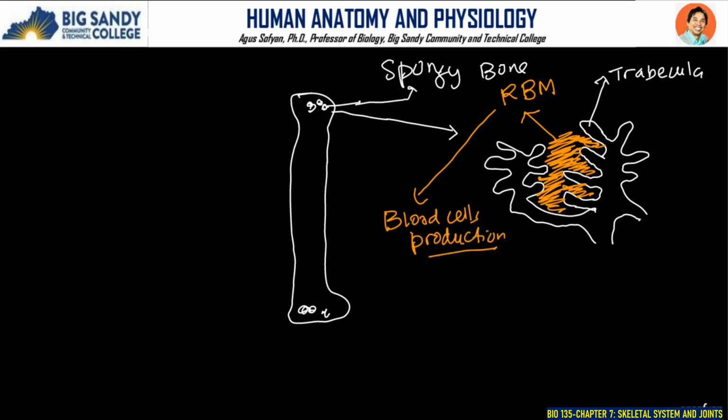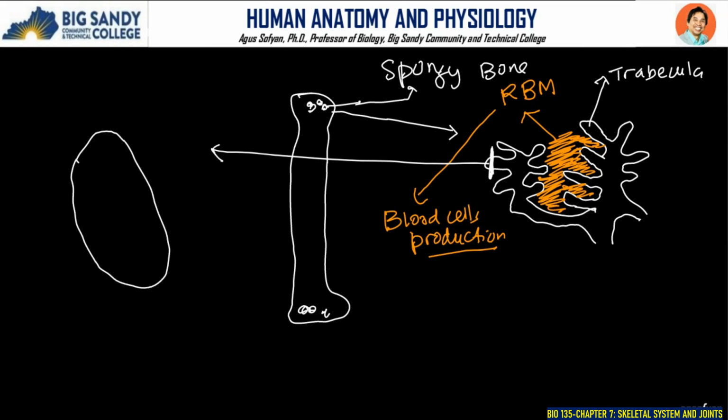So blood cell production occurs in this red bone marrow, which is the space between trabeculae. Now, if we cut this trabecula in cross section, we're going to see a structure like this. This structure will have a lot of cells that build the bone.